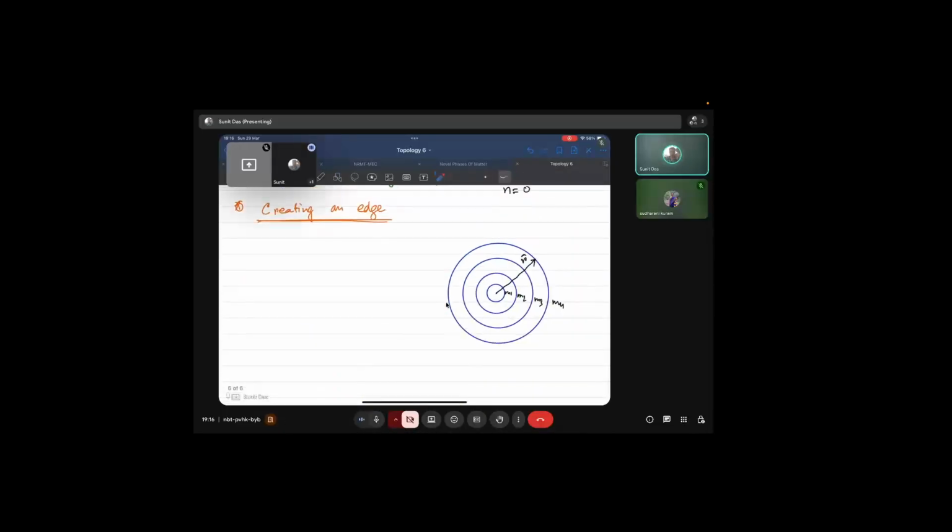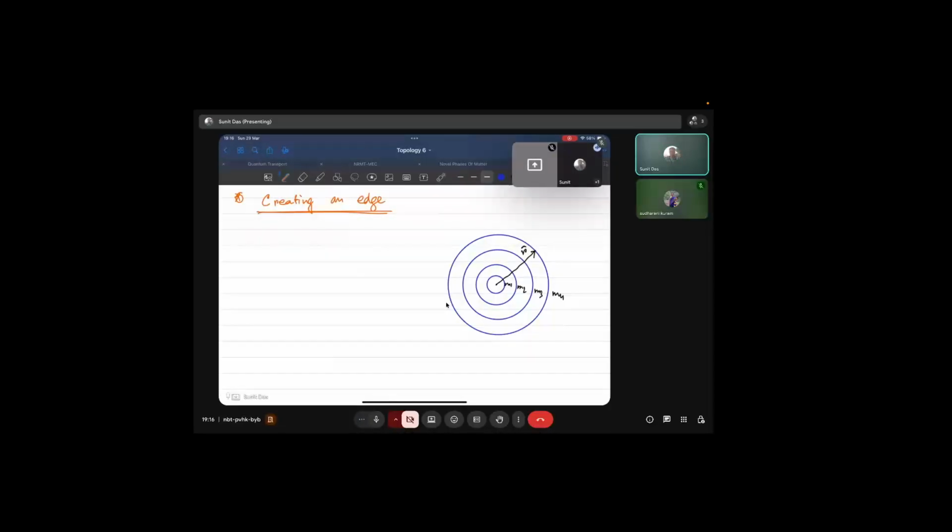So in this picture, how do I create an edge? Let's say you create this one, and then you create an edge somewhere here. There are many other circles like this which I am not drawing here, but I'm showing the two just to present the idea.